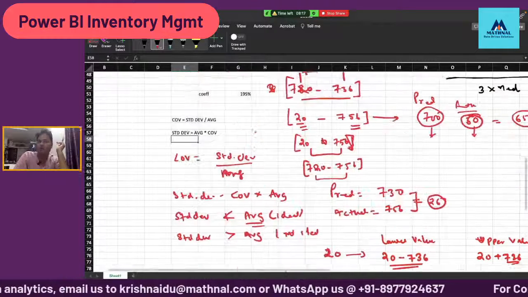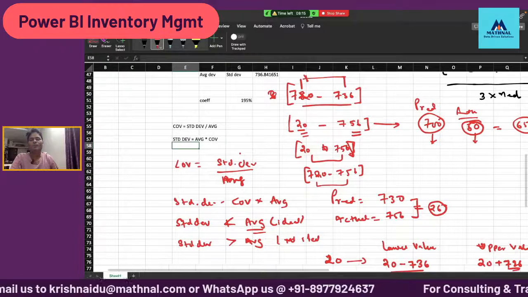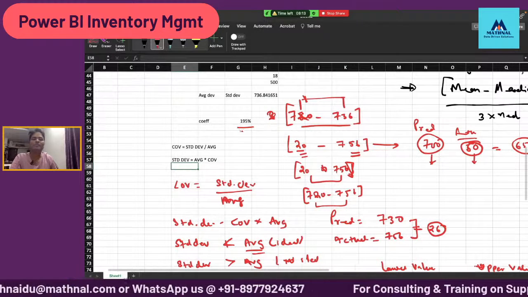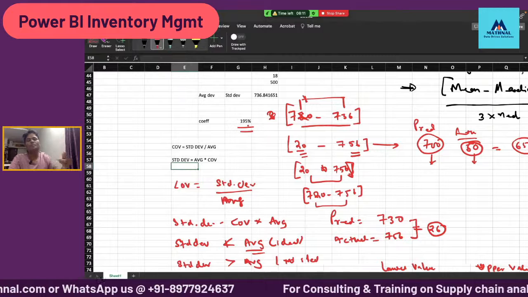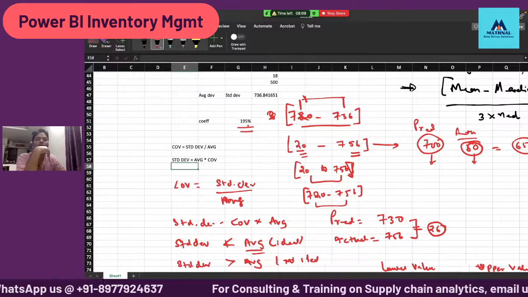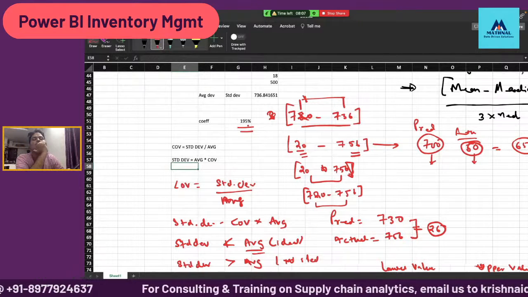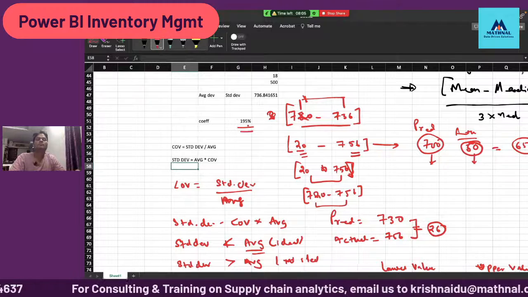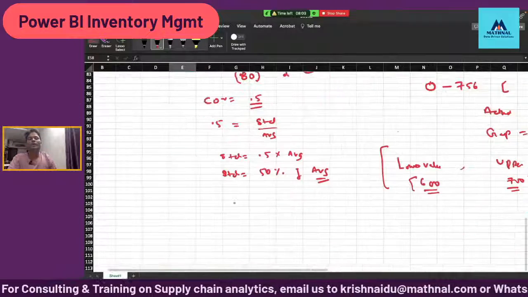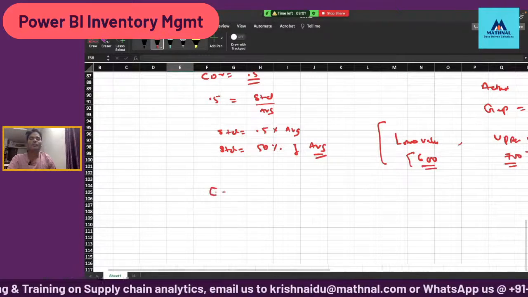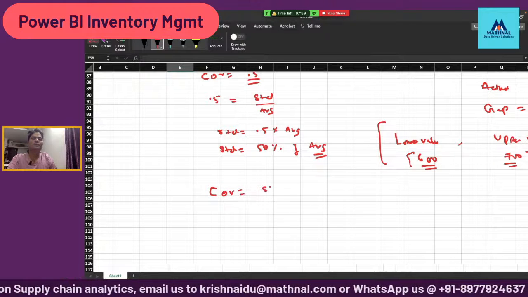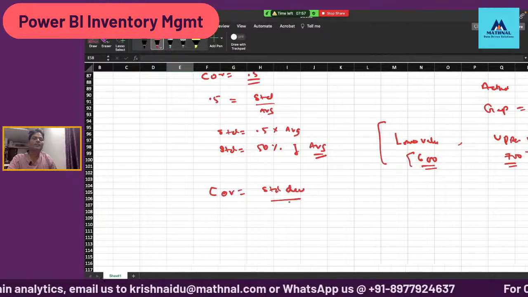But how much did we get here? In this case, we're getting 195%, which means it is almost 2 times. So what are we comparing this 195% to? If you look here, COV is equal to standard deviation by average. This is the formula.